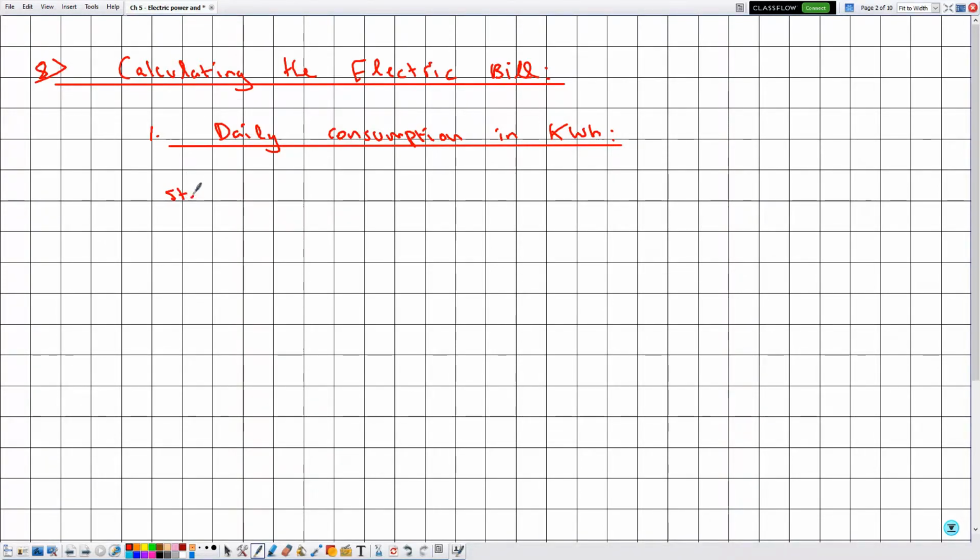Step number 1 is to find the power P consumed by the electric component in kilowatts, which is given by kW.